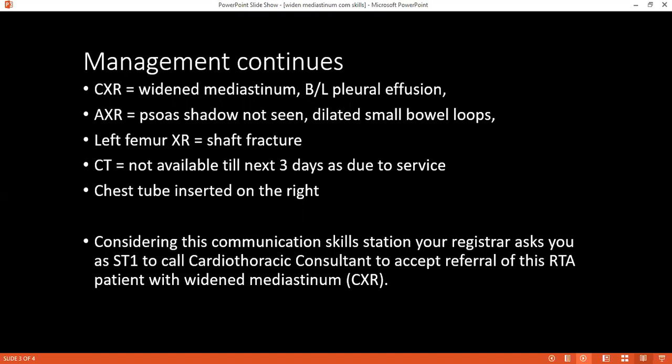But I will not make the blood pressure too high as this might increase the bleeding. Okay. So what are the abnormalities in his blood test? He has low hemoglobin level, and his ABG shows metabolic acidosis, and there is a slight increase in C-reactive protein.